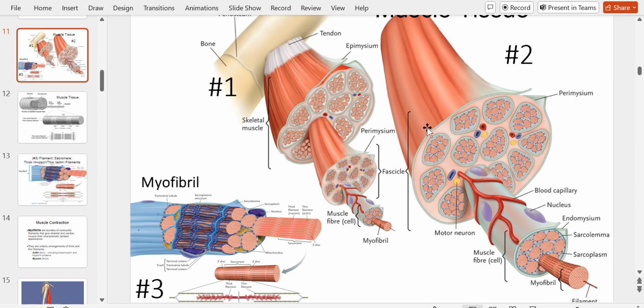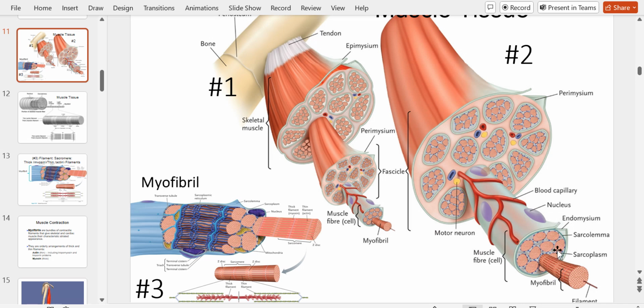Well, here's your fascicle right here. Okay, so this has just been enlarged, just for ease of use, right? So there's your perimysium. Okay, and within these fascicles, you'll see that we pull out a muscle fiber, muscle cell, and within these muscle fibers there's your endomysium. There's the covering. So epimysium, perimysium, and endomysium.